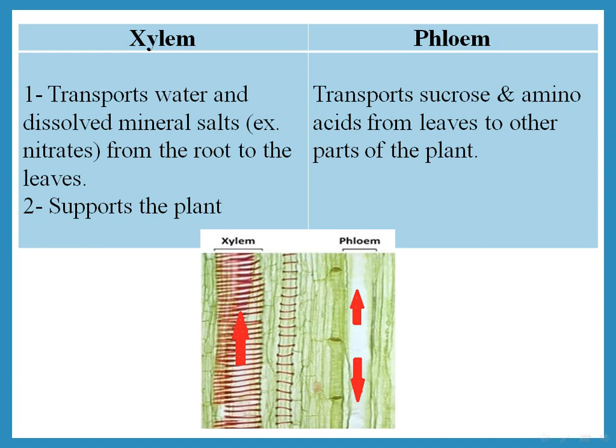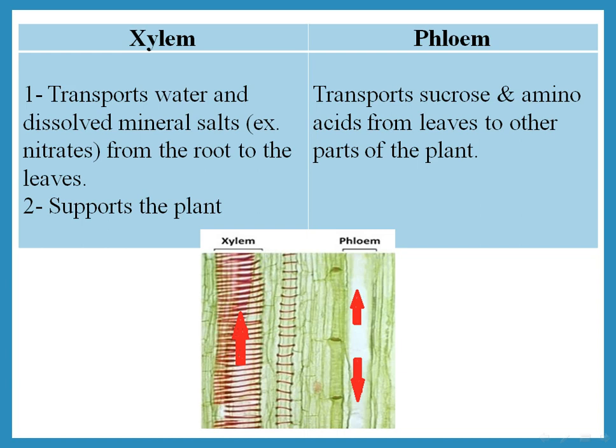Now, when the leaves take the water and carbon dioxide from the air and they make glucose, by which process? Of course, by photosynthesis. Now, they make glucose. Now, we need to send this sugar and amino acids that we make from the glucose joining with the nitrates.